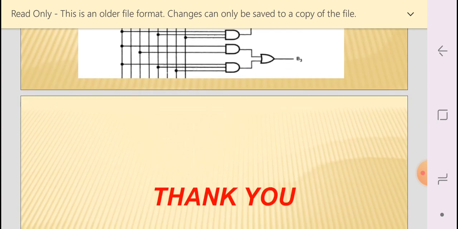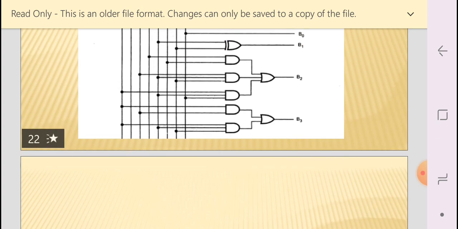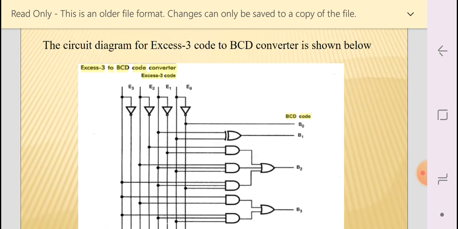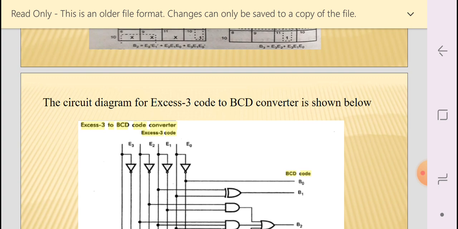So this is the end of the lecture. From today's lecture, we know how to convert the codes, that is basically how to convert XS3 code to the BCD code, BCD code to the XS3 code, binary to gray code and gray to binary code.